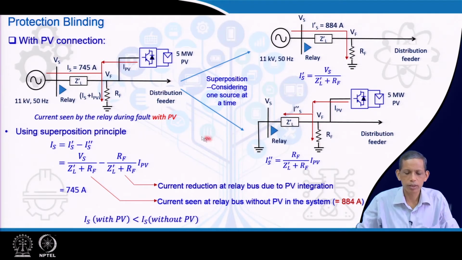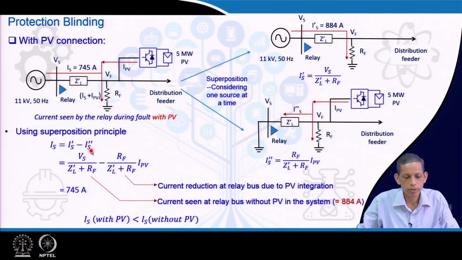Now, what you see is that using the superposition principle, IS, note that IS is the current flowing through the relay. That relay current becomes equal to IS dash contributed by the grid source, minus IS double dash contributed by the PV, because IS double dash is flowing in the reverse direction to IS dash.